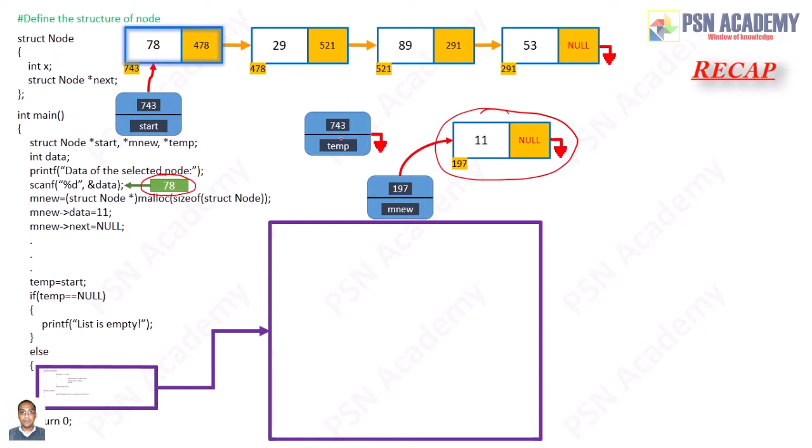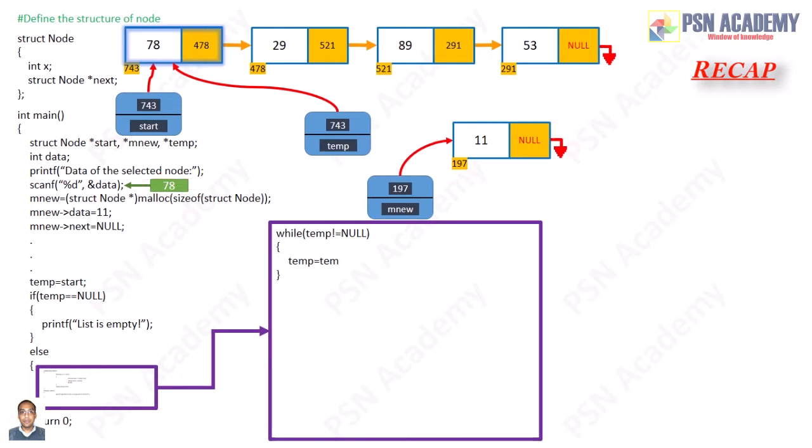So we have used 743 to make the temp point to the first node, and after that we moved the temp pointer over the list to find out the node where the 78 is actually residing in the data part.